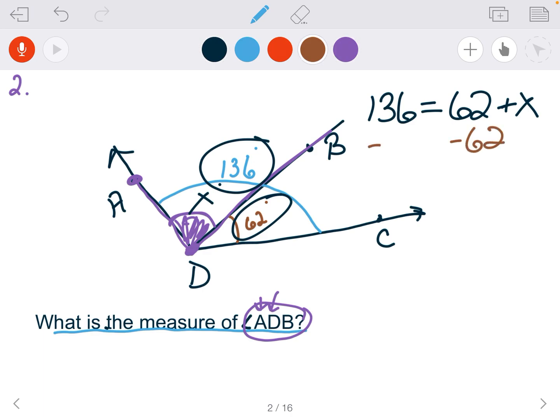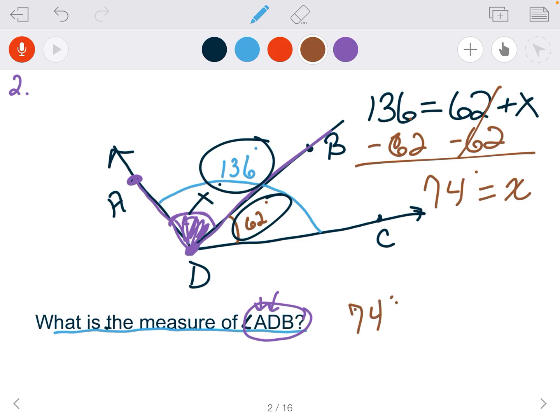And then you use your skills to solve your one-step equations that we just learned about, again with our inequalities. So in my case, I've got X equals 136 take away 62, which is 74. And I believe the degree symbol is already listed on yours, so you don't have to hit the degree symbol.